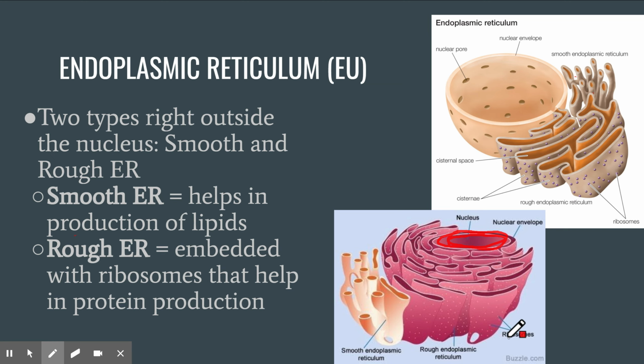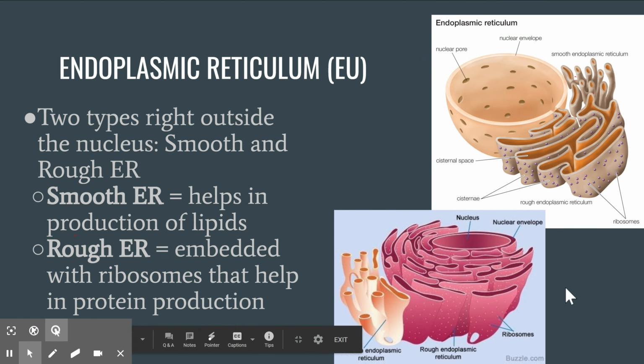The rough ER has ribosomes built into it. So it's literally called rough because it is not a smooth surface. It has bumps, and those bumps are the ribosomes. Versus the smooth endoplasmic reticulum has no bumps. They have two different roles. The rough ER, since it has ribosomes, makes proteins, versus the smooth ER helps to produce lipids.